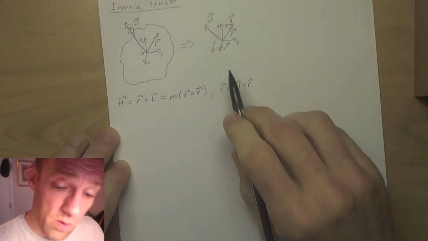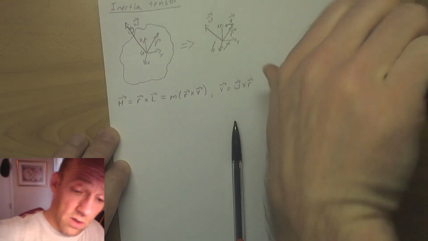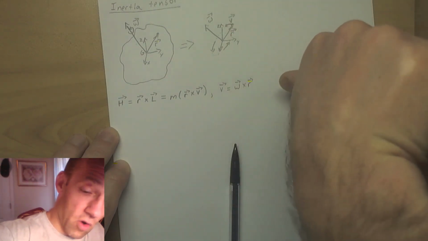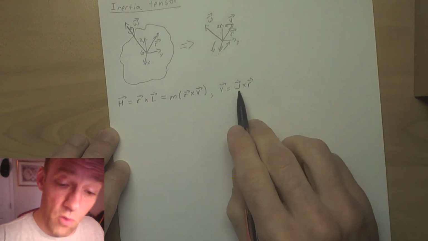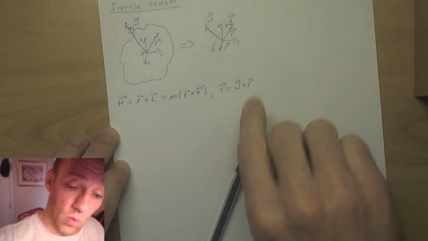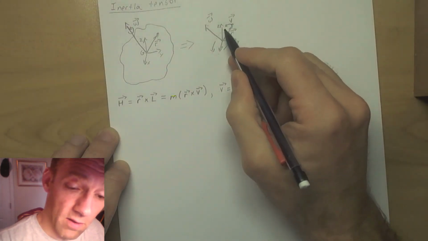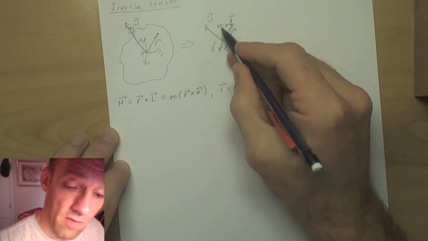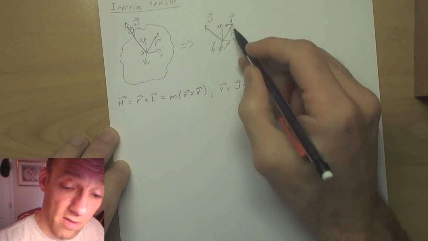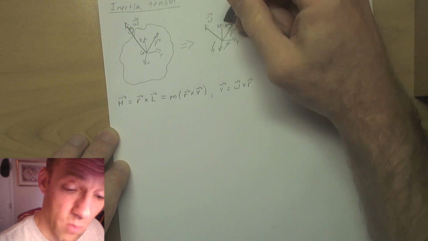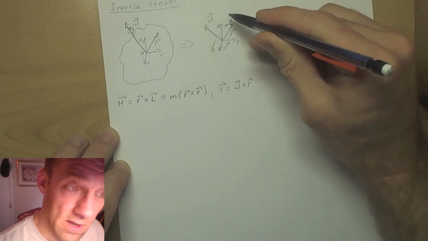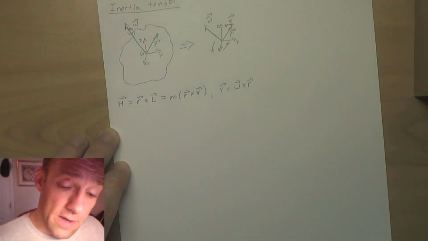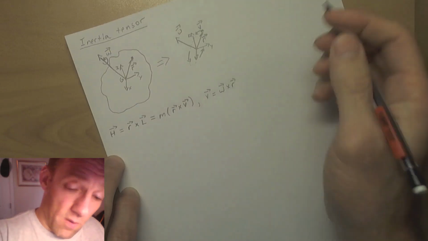So omega cross r, as drawn here, will be a vector that's perpendicular to both omega and r and follows the right-hand rule, which means it'll be rotating as depicted here to the left around this fashion right here. And that makes sense, right? So v at this instant is pointing off in this direction, and it's following this path at all times.